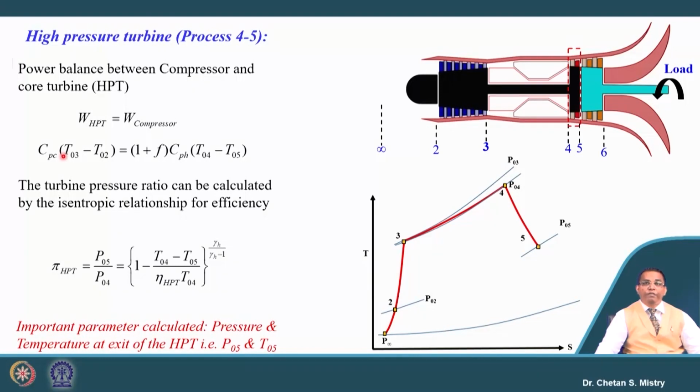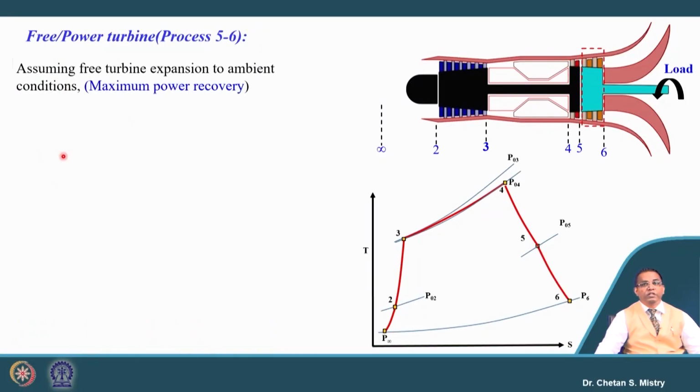The next component we have is our free turbine. So let us try to understand this free turbine. This analysis is different from all the engines we have discussed till now, let it be the turbojet engine, turbofan engine, or maybe turboprop engine. What was our requirement?